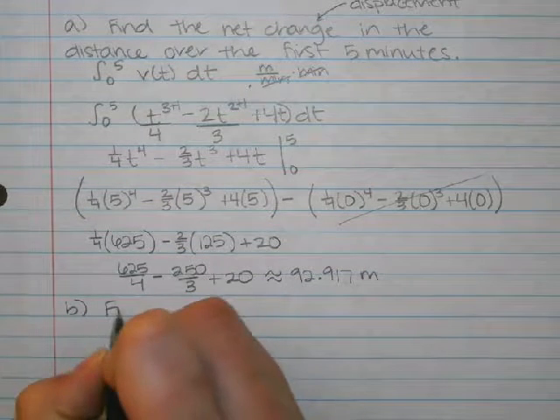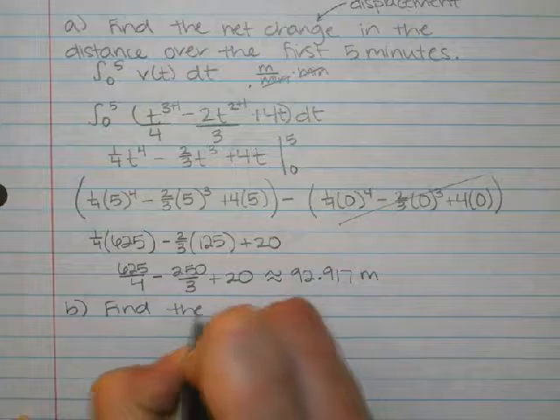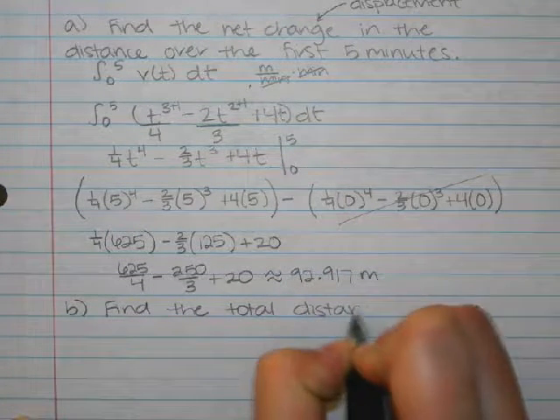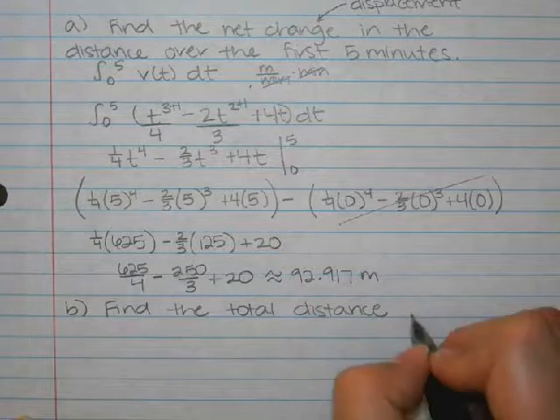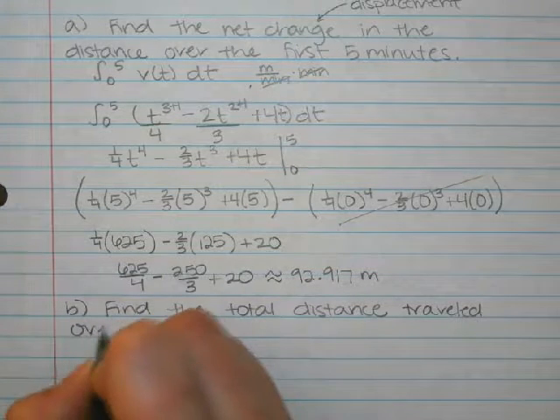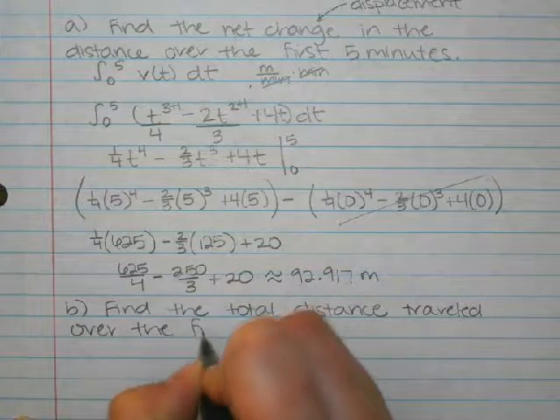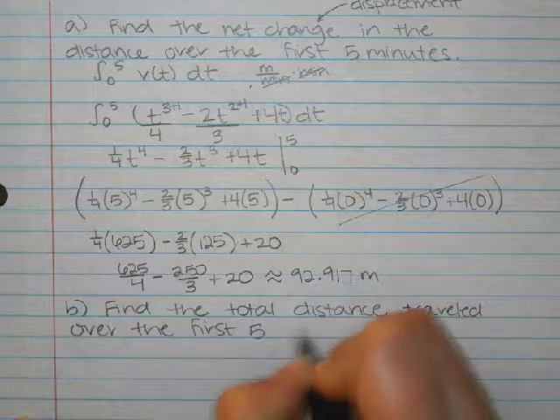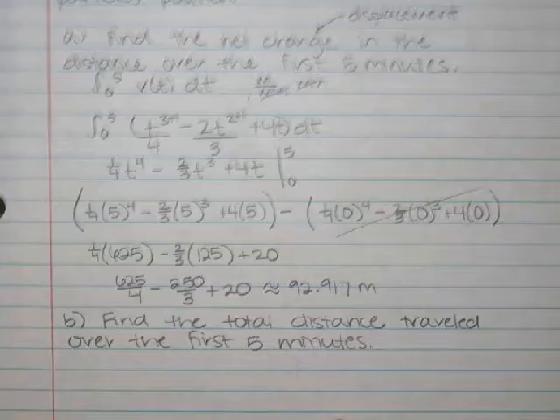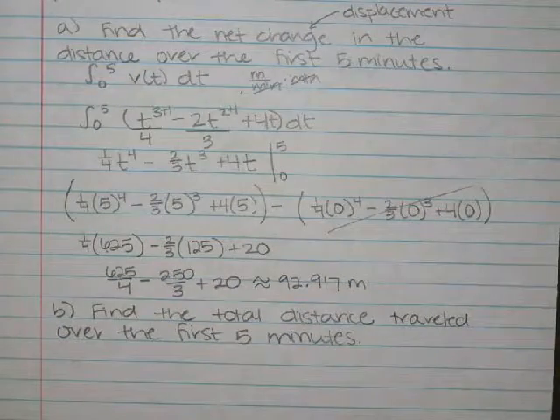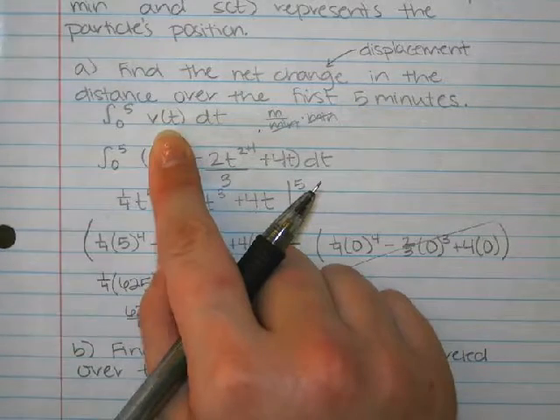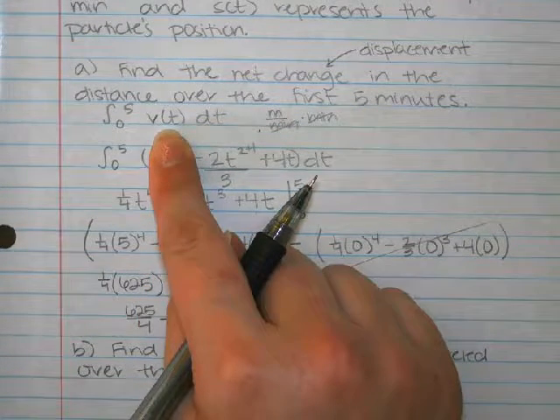So next we're going to say find the total distance traveled over the first 5 minutes. Now, we've done a problem where they might say, evaluate this integral from 0 to 5.